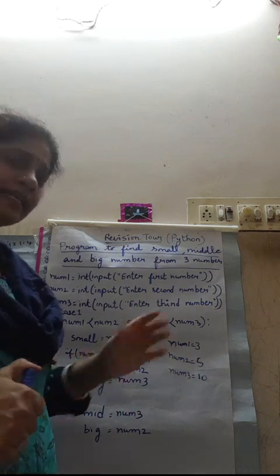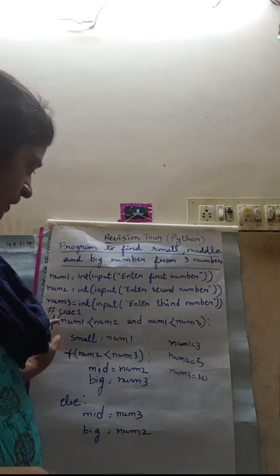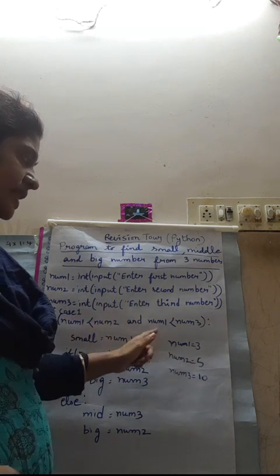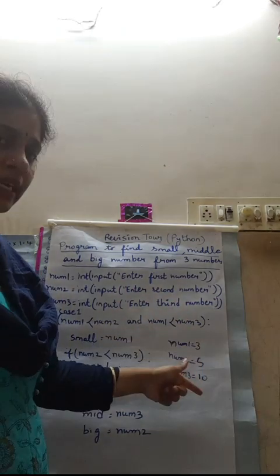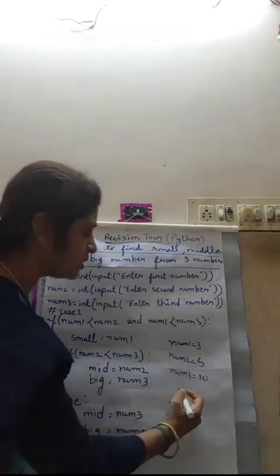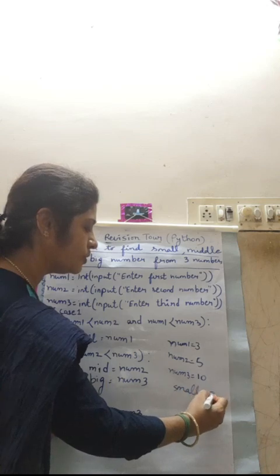Let us see how this works in the first case. Number1 is 3. 3 is less than 5 and 3 is less than 10. Yes, it satisfies both conditions and it will go inside. Small will be set to 3.